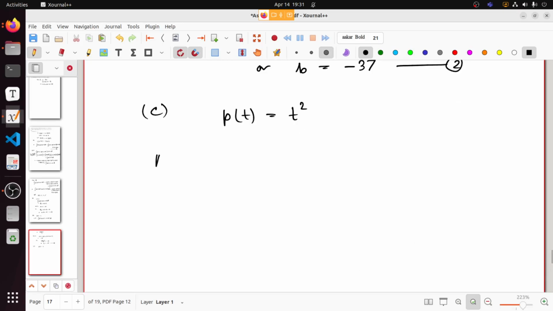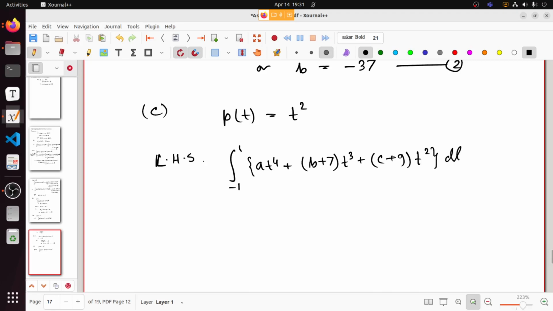So then the left hand side, minus 1 to 1, it will be a t to the power 4 plus b plus 7 t cube plus c plus 9 t square dt.